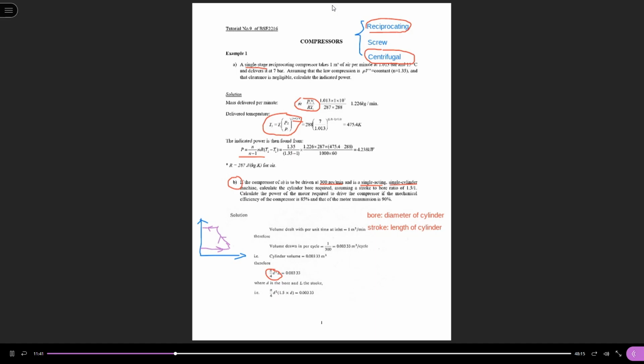So we know this is only one single cylinder. We are asked to calculate the cylinder bore required, assuming the stroke to bore ratio is 1.5.